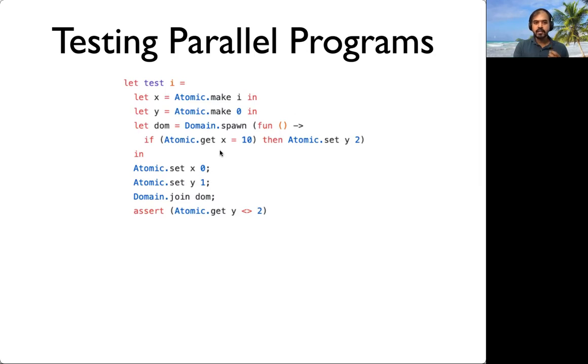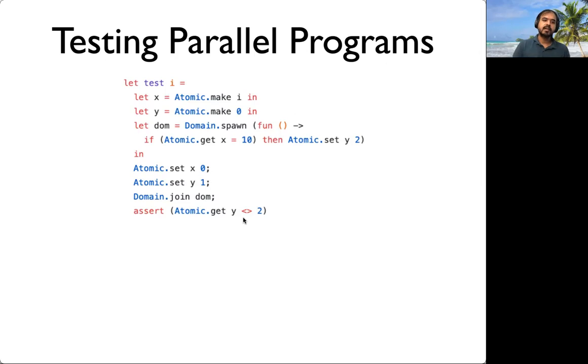The new domain reads the atomic variable, and if the value is 10, then sets the atomic variable y to 2. In parallel, the parent domain sets x to 0 and y to 1, and then waits for the newly spawned domain to terminate.